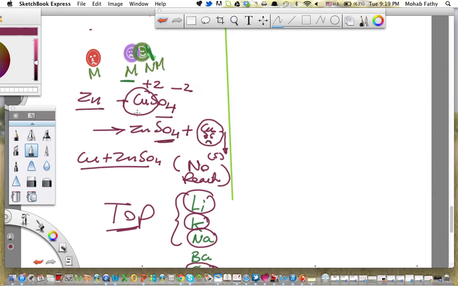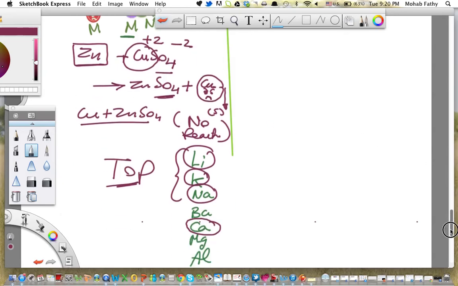The one who is substituted is one cation, so it's sometimes called single cation replacement. Because this one is single, it replaces copper, and copper gets out alone.